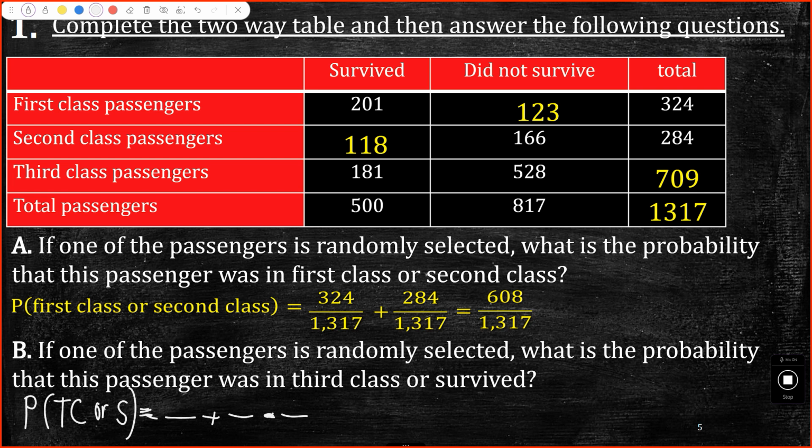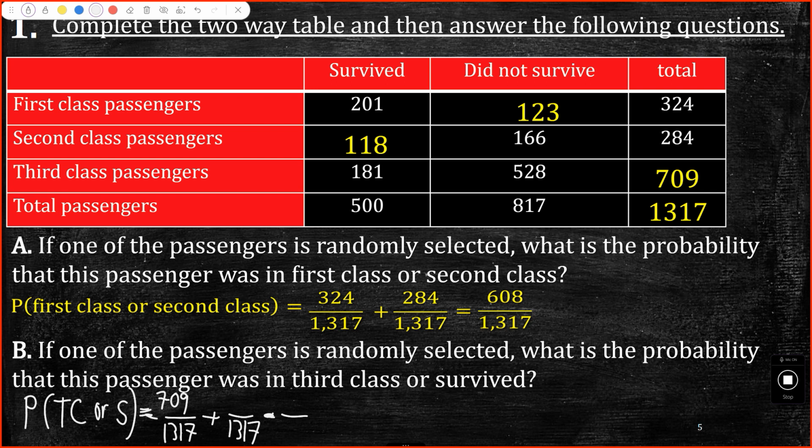In third class, so it's out of 1317. How many total were in third class? 709. Survived, still 1317 here.